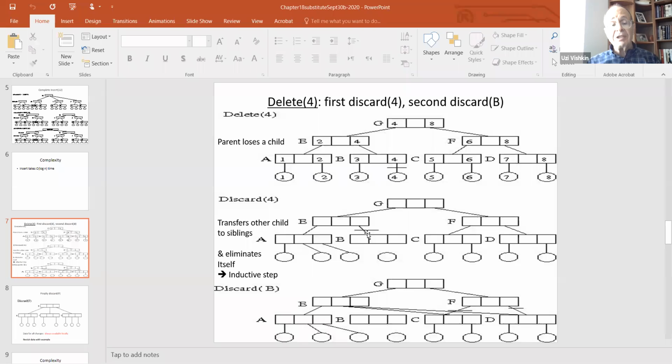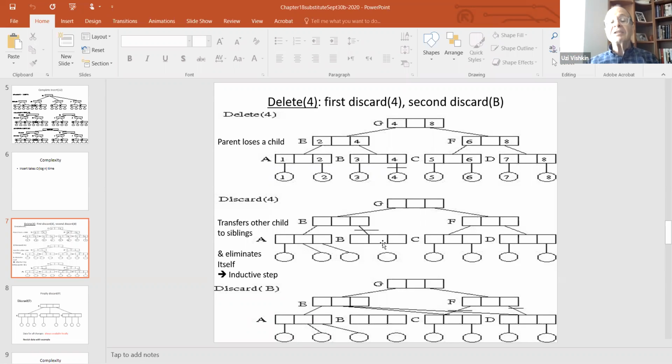But the E now, and the window that goes between E and F and the level below it, has an infringement, which is that node E has only 1 child, A, because B is being discarded.